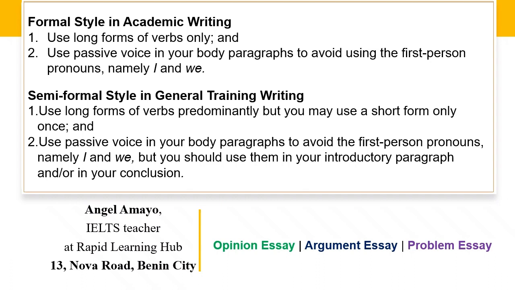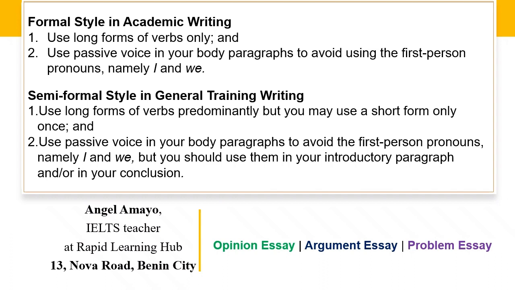Next, in your general training writing, to make it semi-formal, you need to use long forms of verbs predominantly, but you may use a short form maybe once or not at all. Then you need to use passive voice in your body paragraphs to avoid the first person pronouns, I and we, but you should use them in your introductory paragraph or in your conclusion.